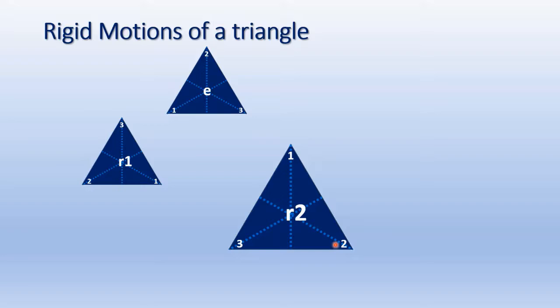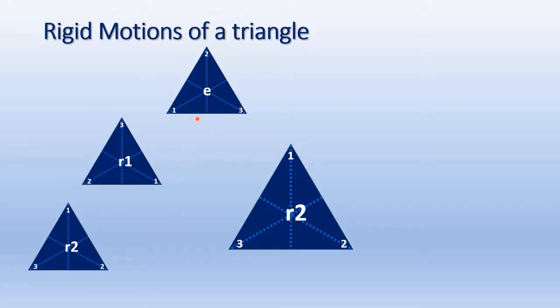Suppose we rotate this again through 120 degrees anti-clockwise, you will get the initial labeling. So these transformations are called rigid motions of a triangle, 2D rigid motions, two-dimensional rotation.